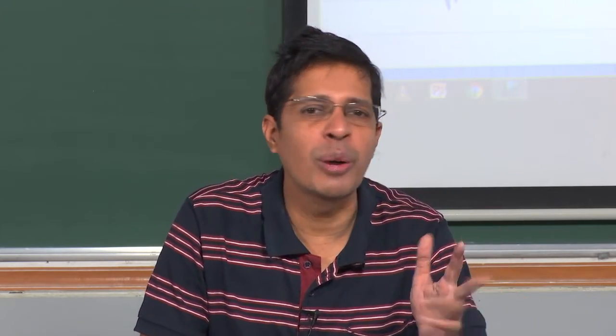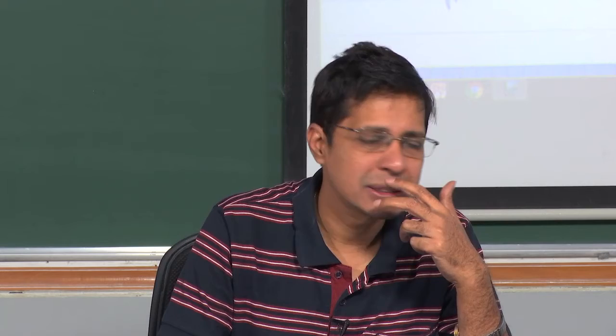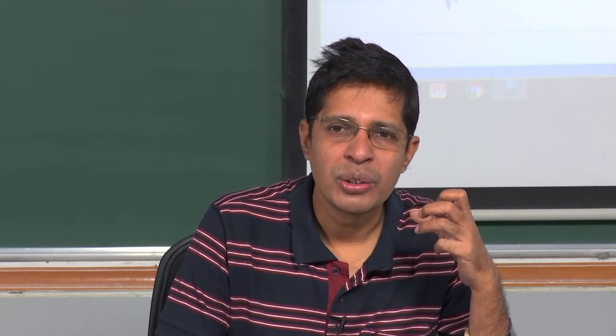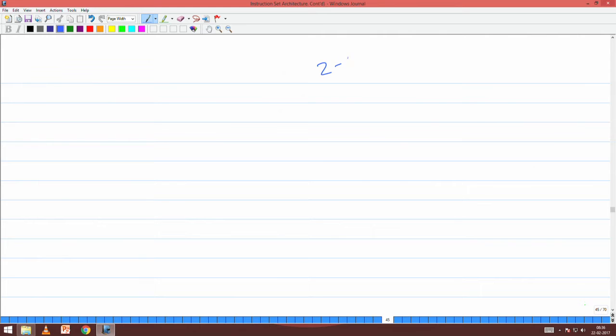In the case of for and while I will have 1 misprediction, but in the case of do-while I will have 2 mispredictions. You are able to follow? So that is why 1-bit prediction becomes interesting. Okay. Now let us go into 2-bit prediction.